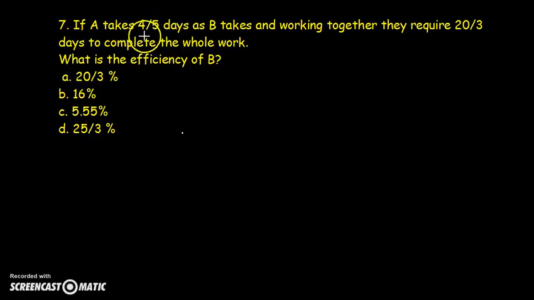If you can notice this 4/5 days as much as B takes, that's the number of days that A takes to finish the work working alone. So seeing the 4/5 fraction itself, you should start with B taking 5x days to finish the work and A takes 4x days to finish the same work working alone.